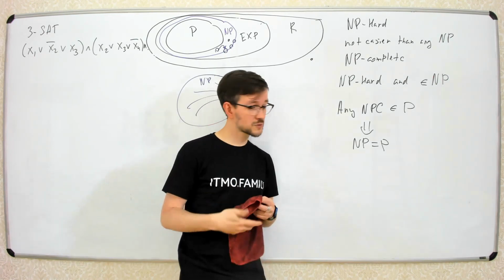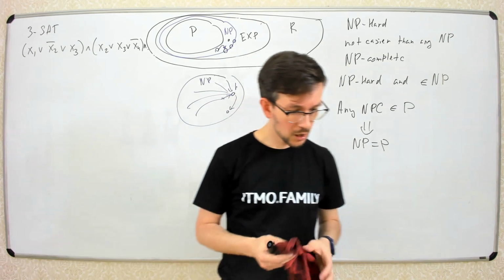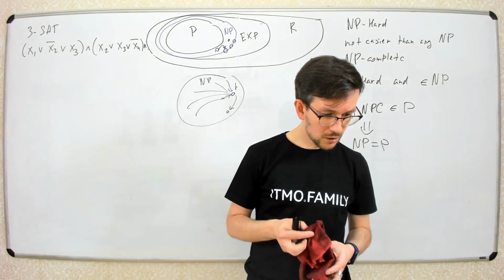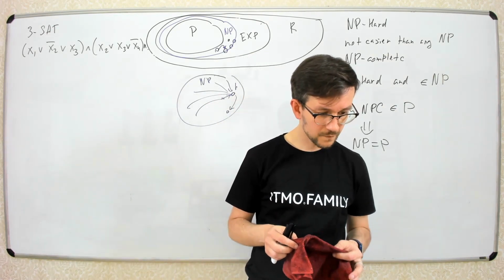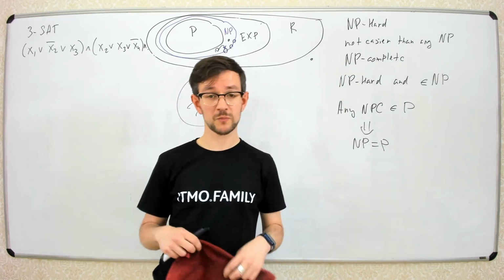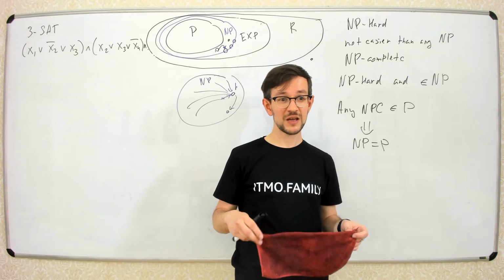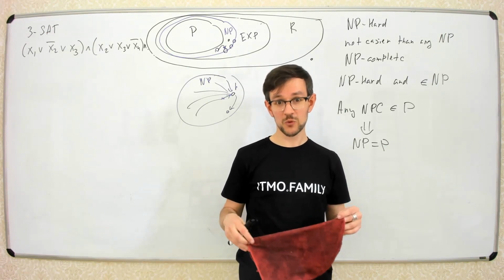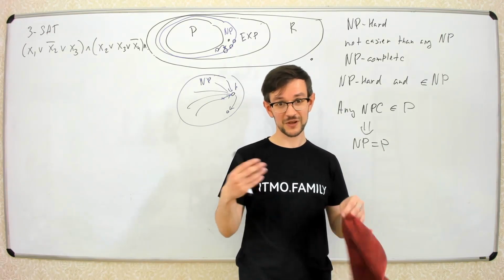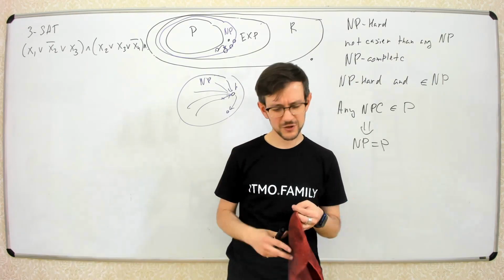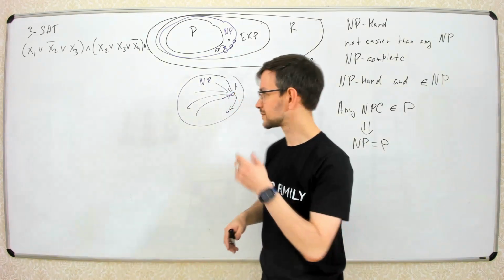So maybe it's one of these problems. And we actually cannot prove it is unprovable. That's another problem of mathematics. In mathematics, you cannot prove that something is unprovable inside your theory. So it's complicated. Mathematics is complicated.